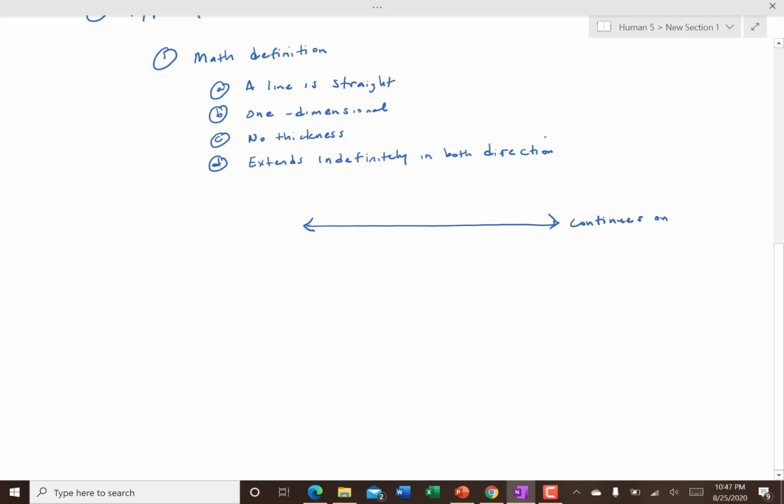You can also have a line segment, which is with the dots. So this is a line. This is a line segment. And then you have a ray, which has an endpoint but goes off indefinitely in one direction.